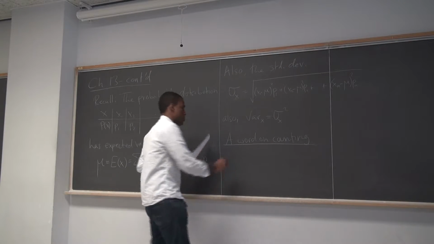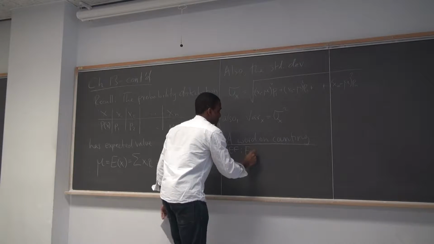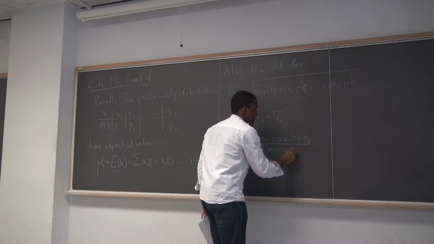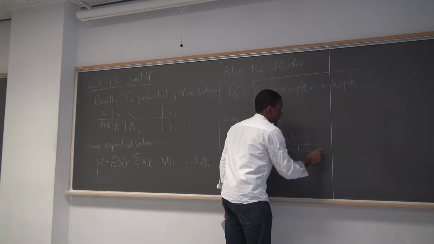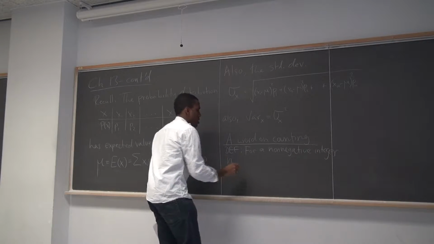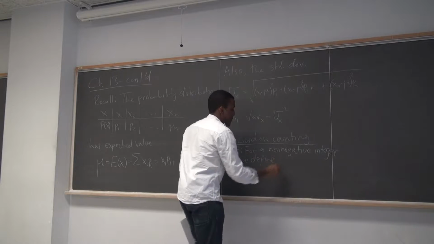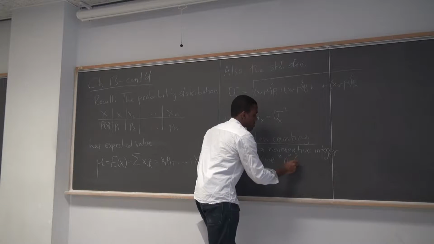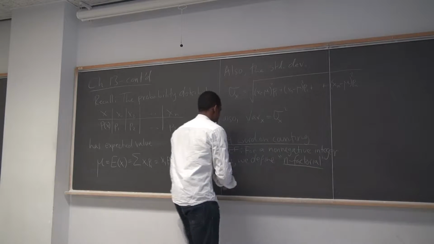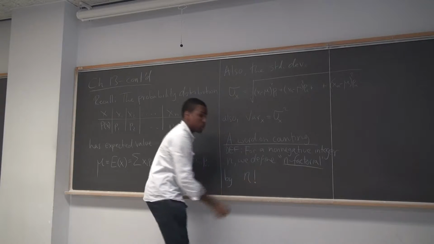Okay, so let's look at a definition. For non-negative integer n, we define the so-called n factorial by a formula; the notation is n with an exclamation mark.